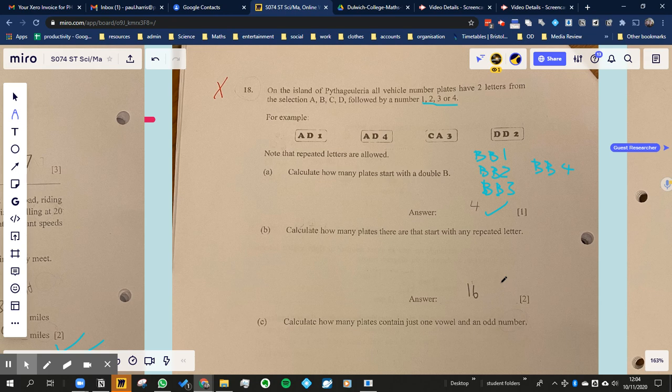Well, we can have something starting with AA, BB, CC, or DD, and each one of those could be AA1, AA2, AA3, or AA4, right? So there are 4 with each one of these combinations. So it's going to be 4 times 4, 4 lots of 4, so 16.